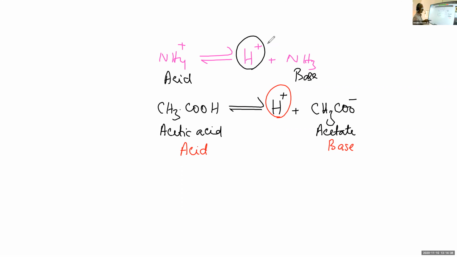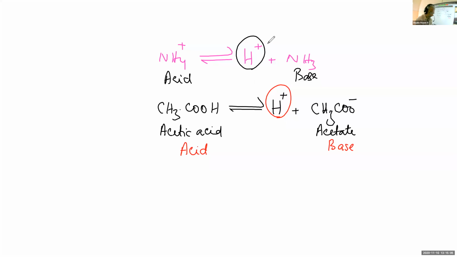Okay. If you are given a molecule or an ion, and you are asked to find out the conjugate acid or a conjugate base, then what you have to do? The difference between the conjugate acid and base is only one proton.